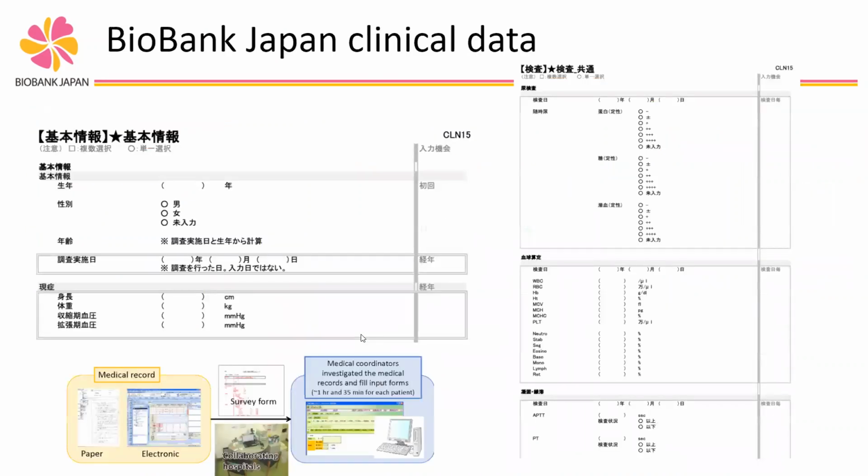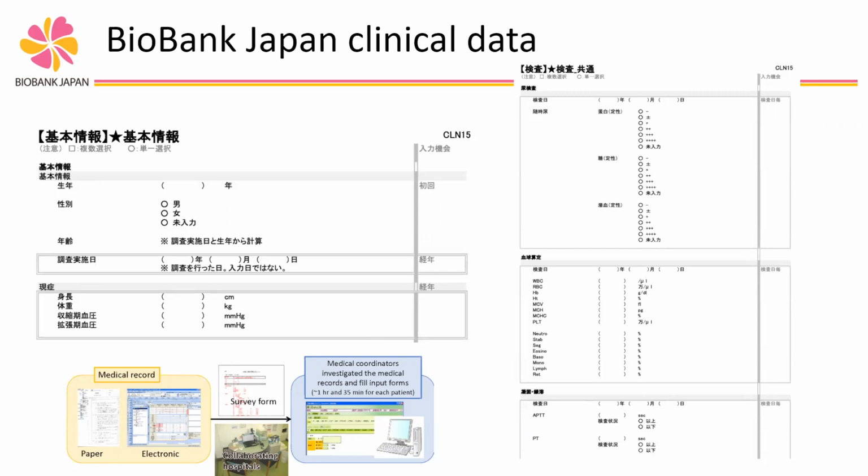And relevant medical record information of BBJ was collected like this, as a story in Japanese. In Japan in 2003, when BBJ was launched, many hospitals still used paper-based medical records. So we put medical coordinators at each hospital, and they copied the data to input forms and sent it to BBJ.